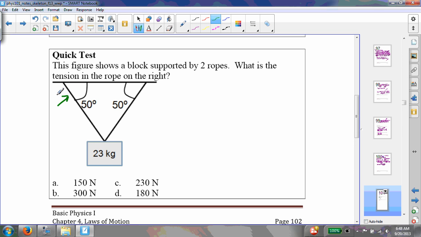What I want to do is set up a method that we'll follow, and we've been using this with some of the Newton's laws problems. First, I want to draw my forces in particular. So you need to know what all the forces are. Second, I'm going to draw a vector diagram.